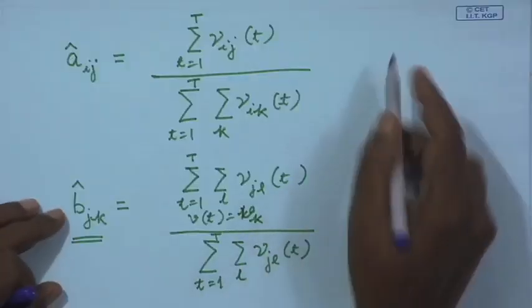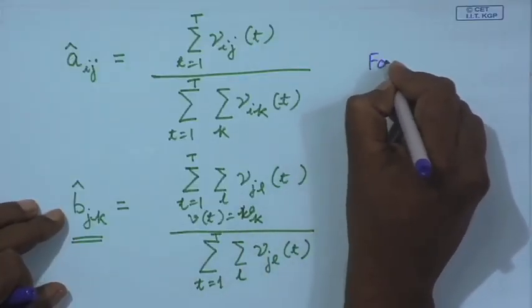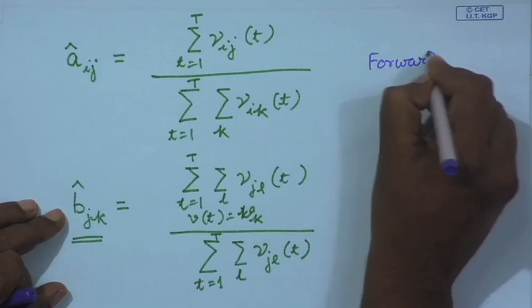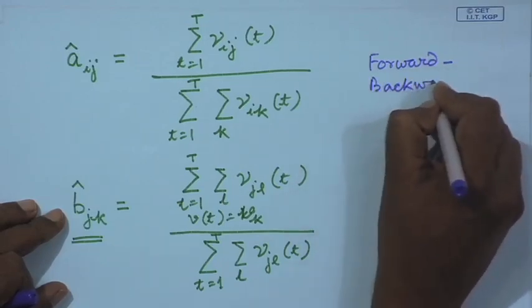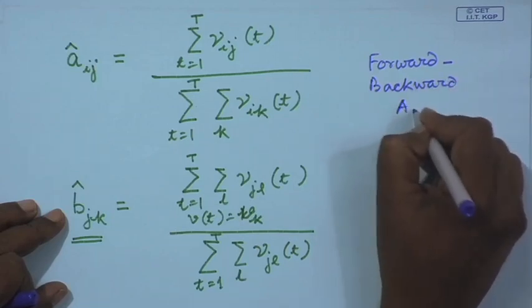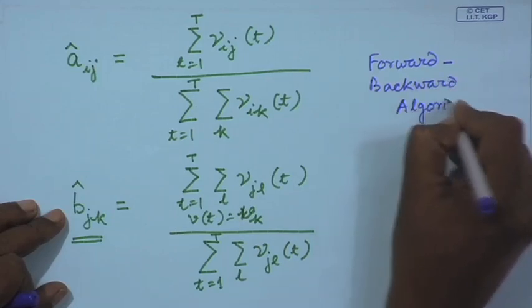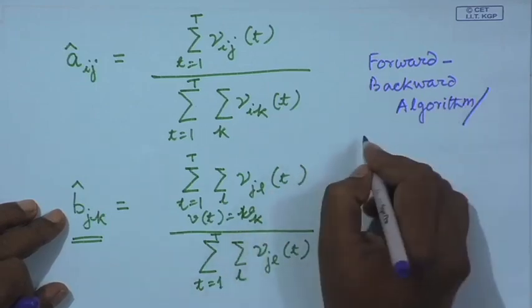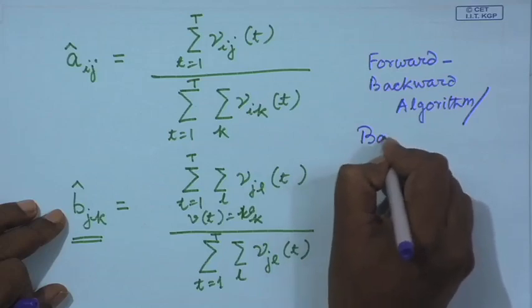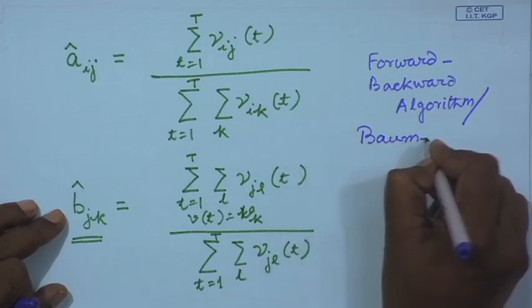And because this process is using both the forward estimation and the backward estimation, the algorithm is called forward backward algorithm. Or this is also known as Baum-Welch algorithm.